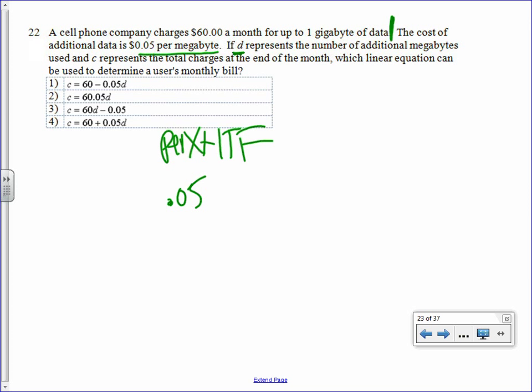It wants d to be the variable. The one-time amount is 60. If d represents the number of additional megabytes and c represents the total charge, which linear equation can be used to determine the user's monthly bill? Choice 4. It doesn't matter the order as long as the per has the variable.